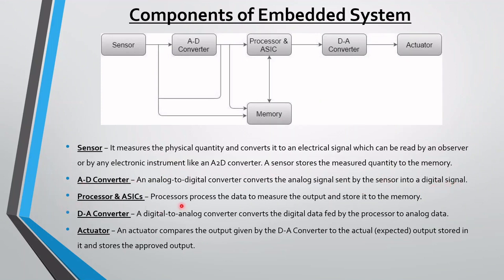Processor: processors process the data to measure the output and store it to the memory. Digital to analog converter: it converts the digital data fed by the processor to analog data. Actuator: it compares the output given by the digital to analog converter to the actual output stored in it and stores the approved output.